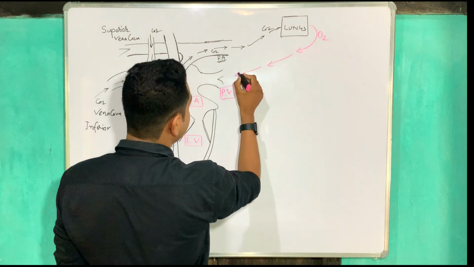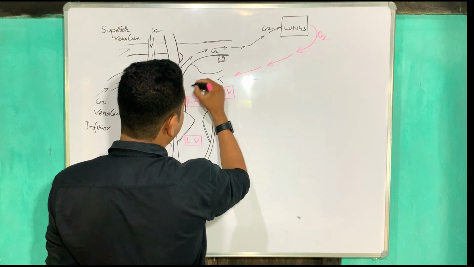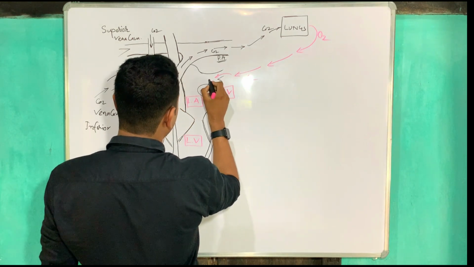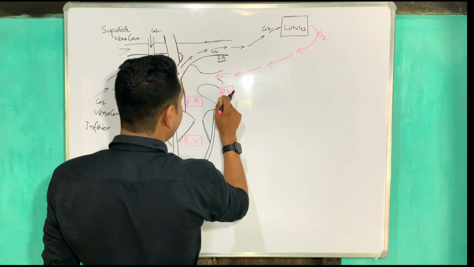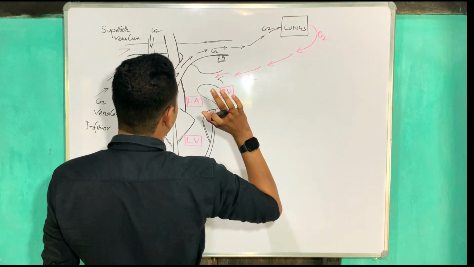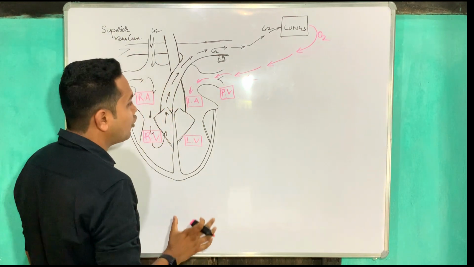Why is it a vein? Because it is making an entry. The blood which is making entry to the heart is known as a vein, right? So it will make an entry through the pulmonary vein. Why pulmonary? Just because it is also attached with the lungs. These two vessels are attached only with the lungs. So it will make an entry to the left atrium or left auricle.